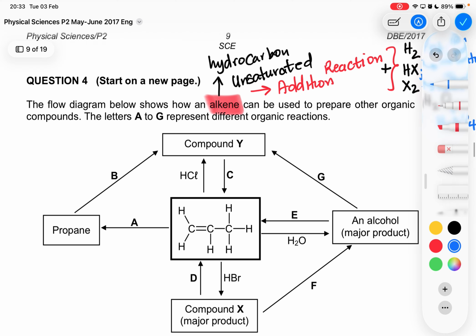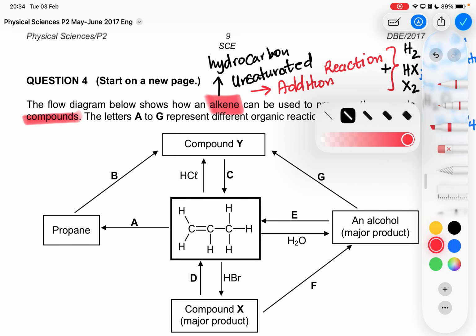So we have 4 possible organic compounds that we can form from an alkene which undergoes addition. The letters A to G represent different organic compounds. So I'm going to start by highlighting the main compound here.